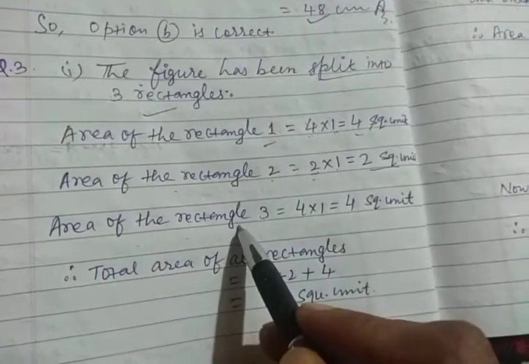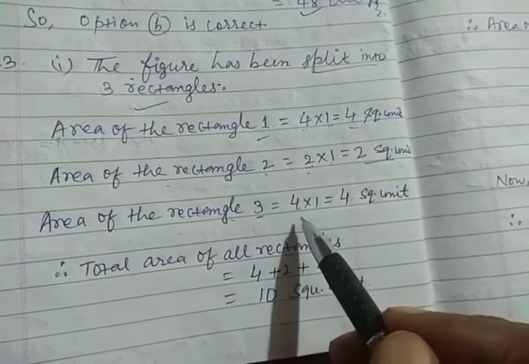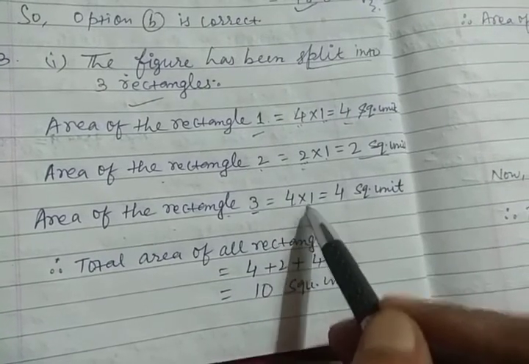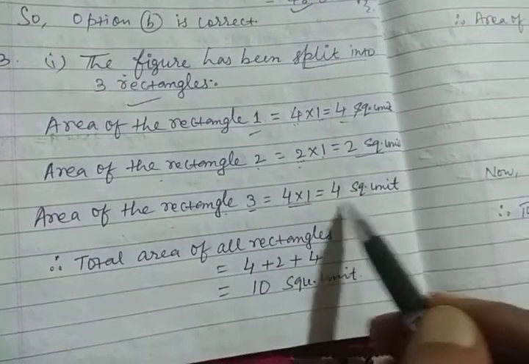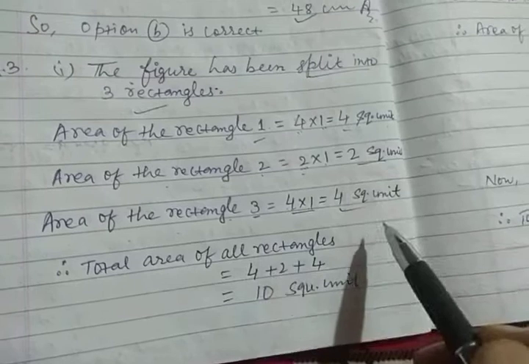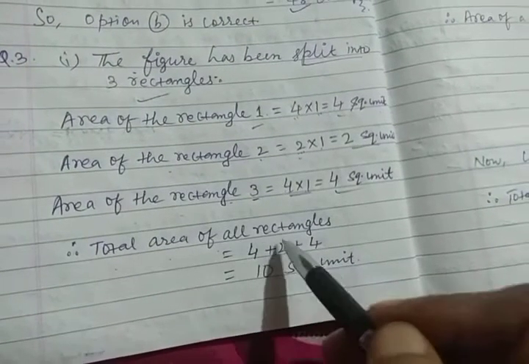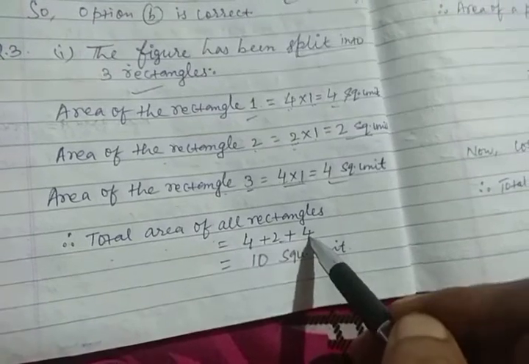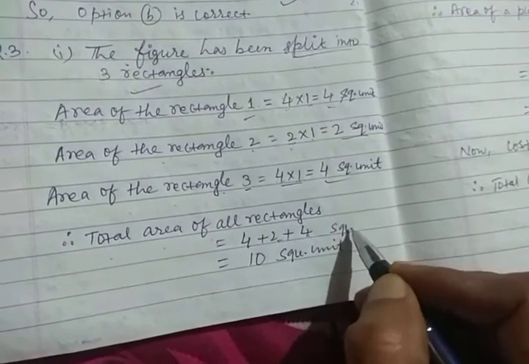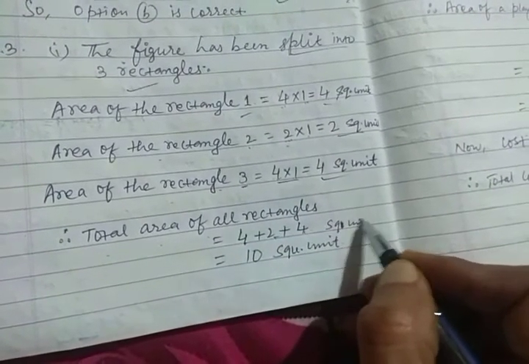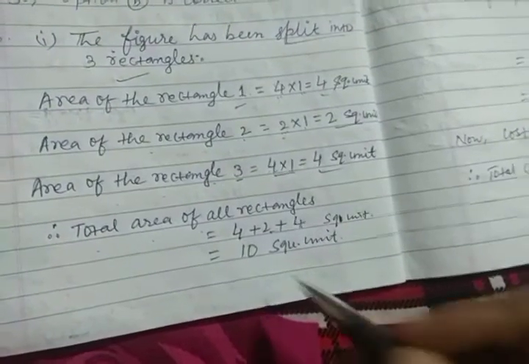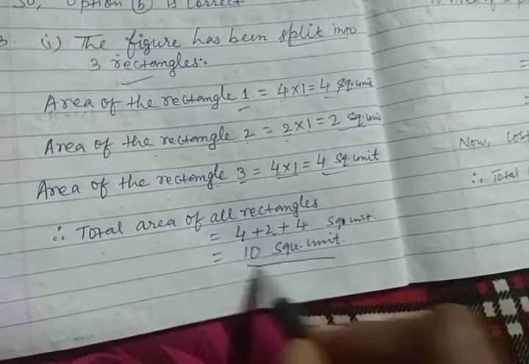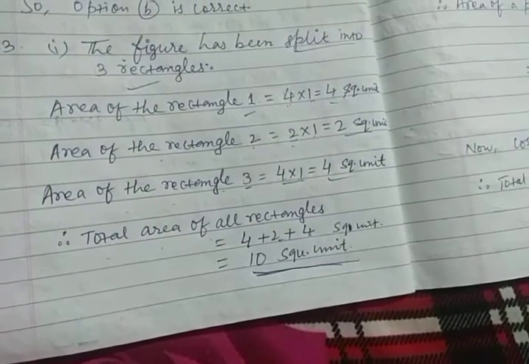And area of the rectangle 3, length into breadth 4 into 1, we get 4 square unit. So total area of all rectangles 4 plus 2 plus 4 square unit. Okay. So we get 10 square unit.